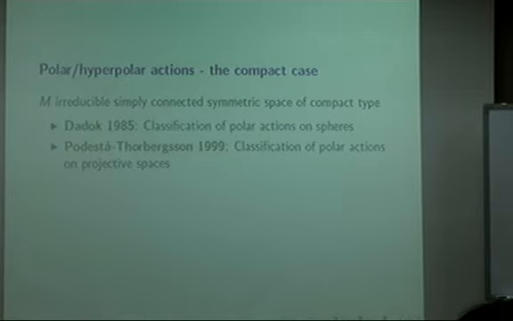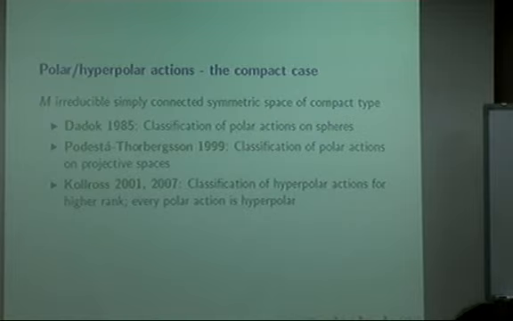You can write them down explicitly, but I didn't do this because I'm more interested in the non-compact case. In fact, Kollross, in some papers, classified all the hyperpolar actions on symmetric spaces of higher rank. And he also showed then in 2007 that every polar action is hyperpolar, really.